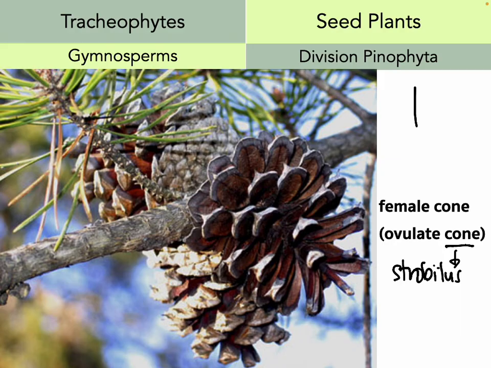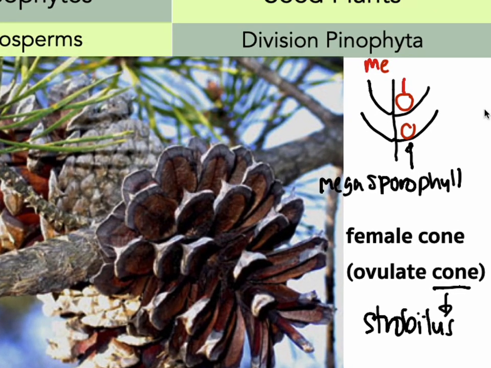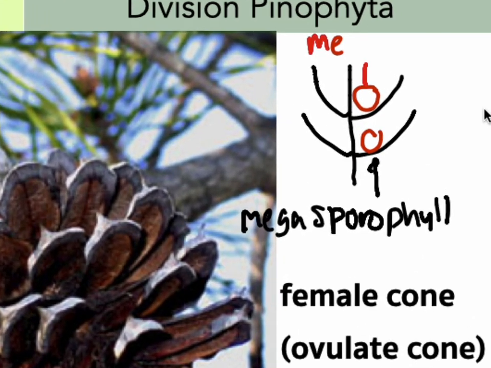You have this as a sporophyll, this is megasporophyll, and on top of that you have, I'm going to try to zoom in, megasporangium. So on the megasporophyll, you have megasporangium on top of it.